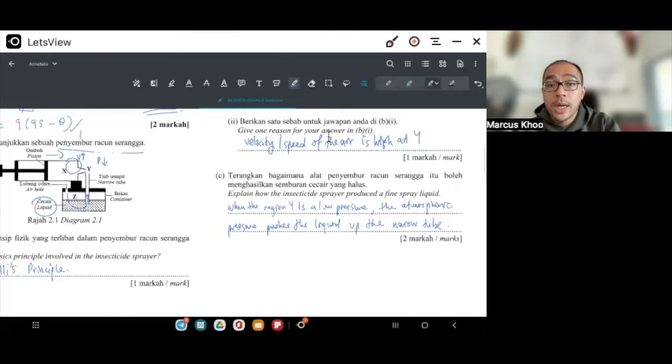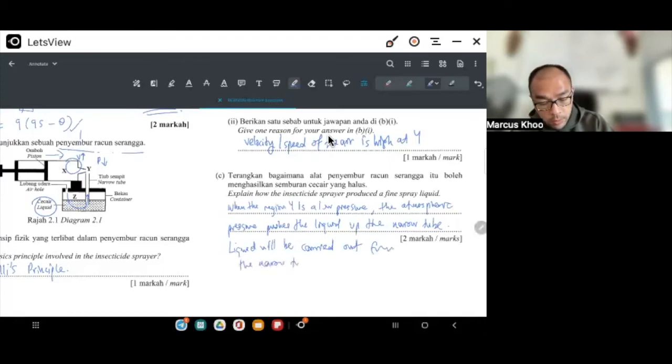And then of course, from the narrow tube, the liquid will be carried out in tiny droplets, which explains how it can produce the fine spray liquid. So each one of these will be 1 mark each.